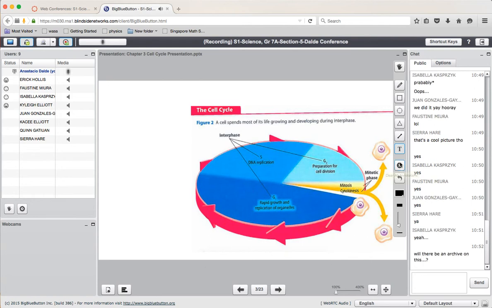Let me write all this down. So the blue part of this graph is the interphase, the period during the cell cycle of a cell's growth.